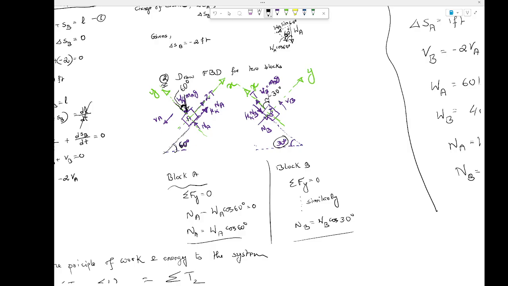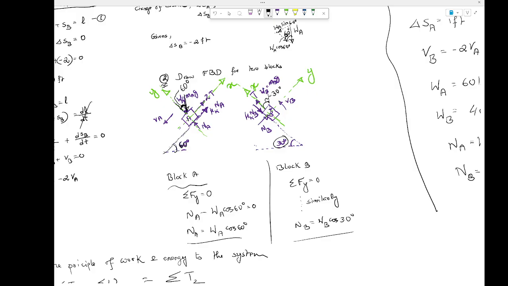Why am I bothering with the x direction? Take a look. In x direction, you have all the forces. You have the tension T on the rope. What else? You have the friction in x direction. Is there any movement happening in y direction?